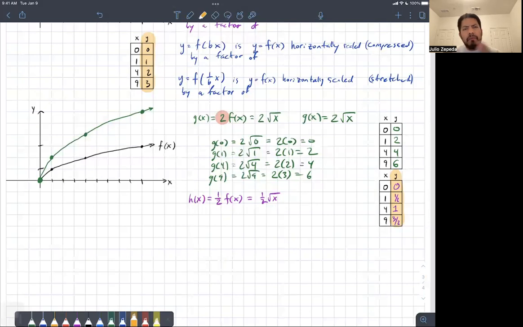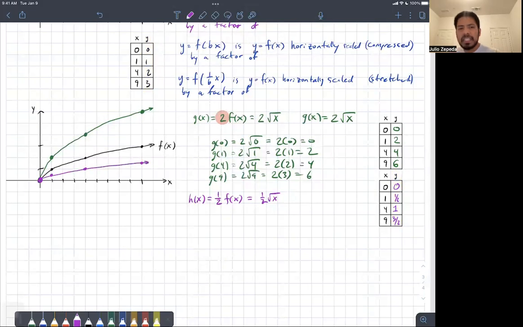And so notice our output values are now going to be half as large as what they were before. And so if we graph this, I'll graph it in purple, we still get 0, 0, 1, 1/2, 4, 1, and then 9, 3/2, which is 1.5. And so what did this do?